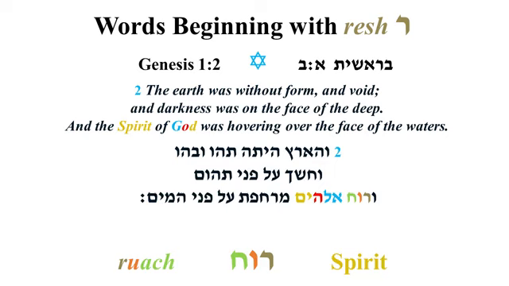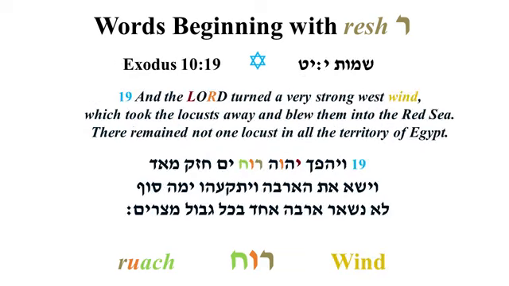All right? And that same word, the same three letters, also means wind. Exodus 10:19, "And Yahweh turned a very strong west wind, ruach, which took the locusts away and blew them into the Red Sea. There remained not one locust in all the territory of Egypt."